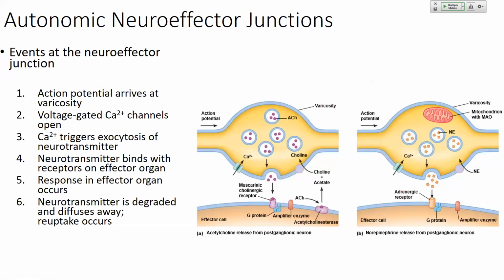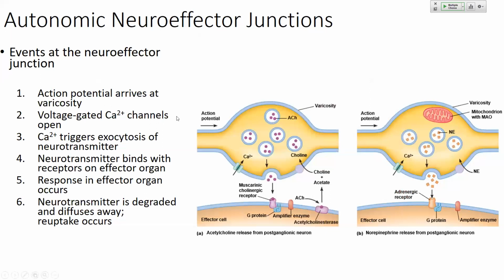A beta 1 receptor, perfect. If this were in the lungs, what type of receptor would that be? If the cell were a lung cell. Beta 2. Beta 2, good, and so on and so forth. If it were adipose tissue, it would be a beta 3 receptor, and so on and so forth.